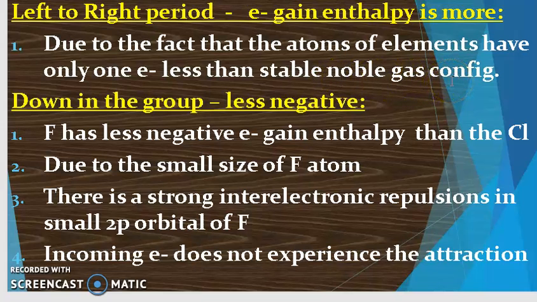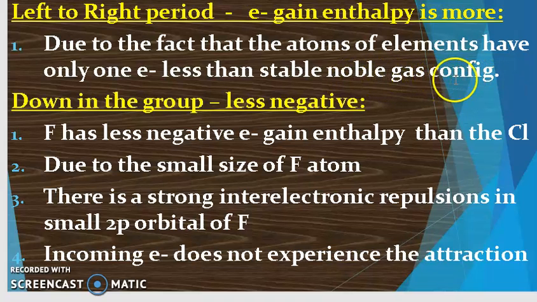I will tell you, for fluorine, what is the electronic configuration? Helium 2s2 2p5, correct? So it has only one electron deficiency. If one electron is gained from another atom into the 2p orbital, then it moves into the noble gas configuration state.